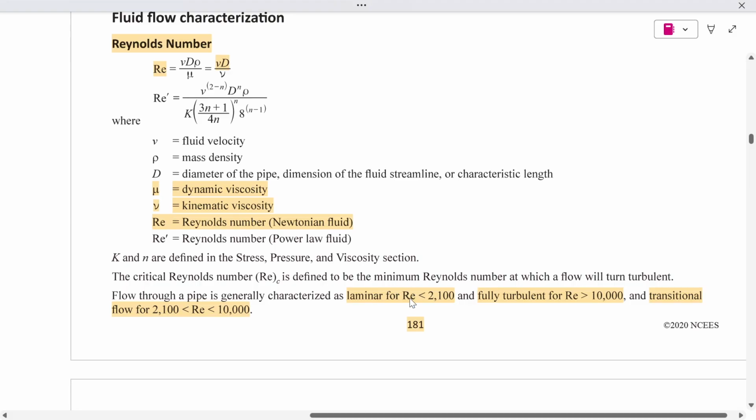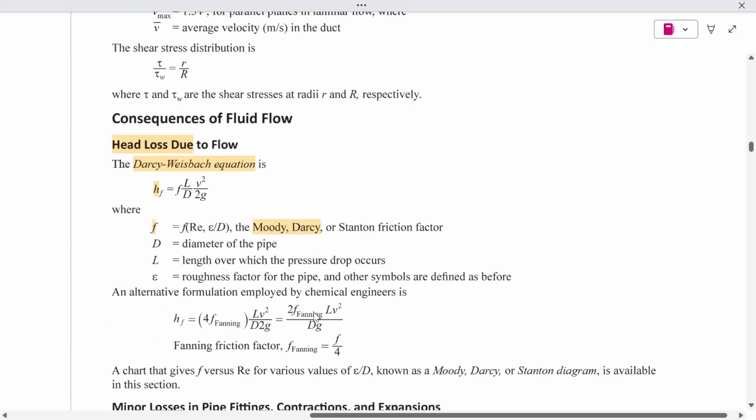If they give you the Reynolds number in a question, or give you everything needed to calculate the Reynolds number, and ask what kind of flow it is, you can calculate your Reynolds number using one of these equations. Understand there are multiple equations here, depending on what they give you. If there is dynamic viscosity, there is one equation. If they have kinematic viscosity, there is another equation. So use the right one, and then you can compare and understand the flow.